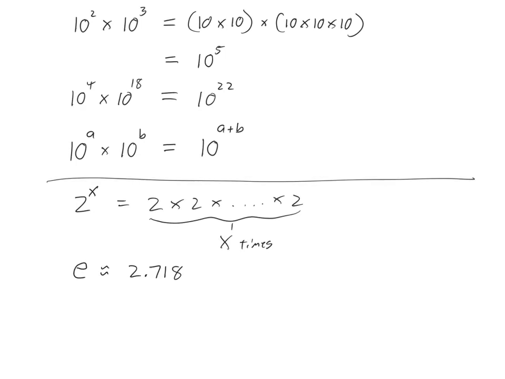Likewise, there's a number called e whose approximate value is 2.718. So for example, e cubed would simply be e times e times e. More generally, e to the x would be e times e times e times e, a total of x times.